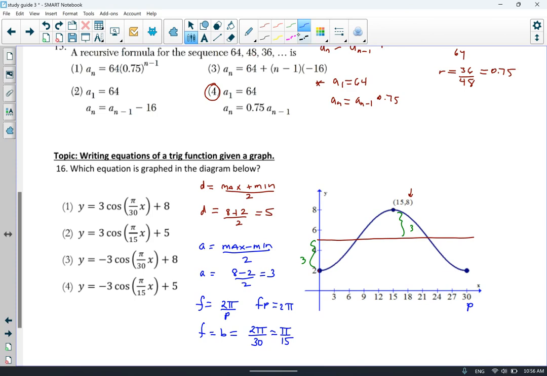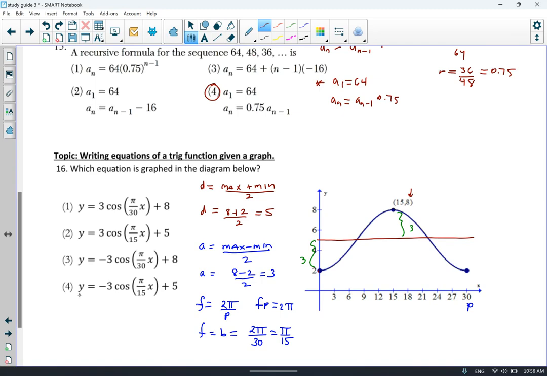Now, one other thing so we can complete the problem. Notice, is this a sine curve or a cosine curve? Well, since the curve at 0 radians or 0 degrees does not start at the midline, it's a cosine curve. But this is a flipped over cosine curve because it's starting at the minimum value as opposed to the maximum value of 8. How do you account for that?